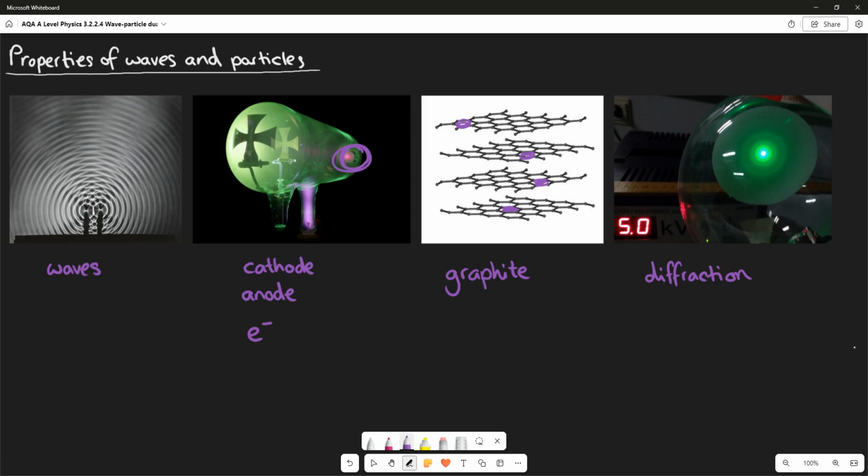So we know that waves exhibit diffraction, and yet here we can see that electrons are showing that same behaviour. And it turns out that all particles exhibit wave-like behaviour under specific circumstances. And this is one of those circumstances.